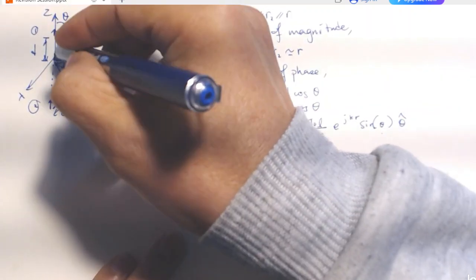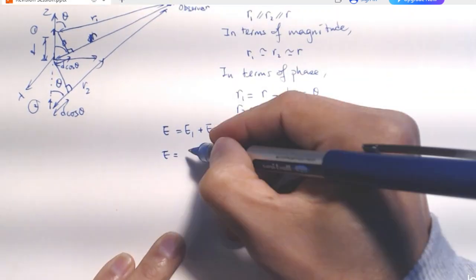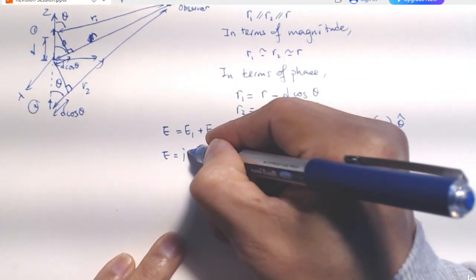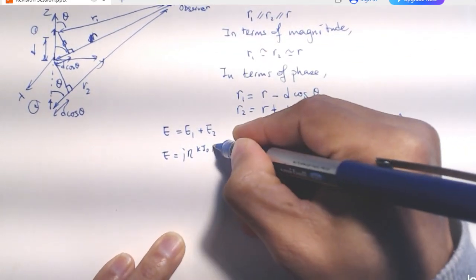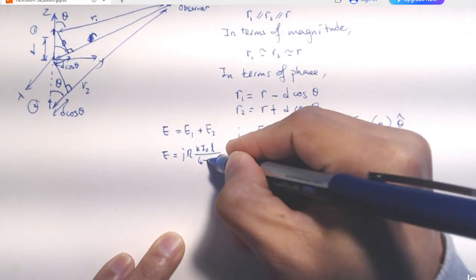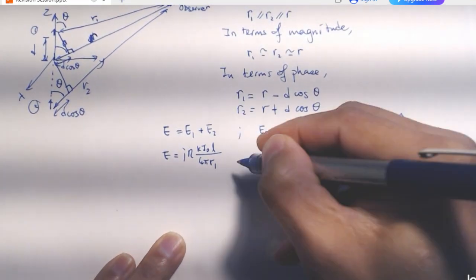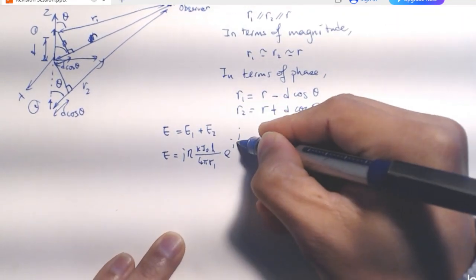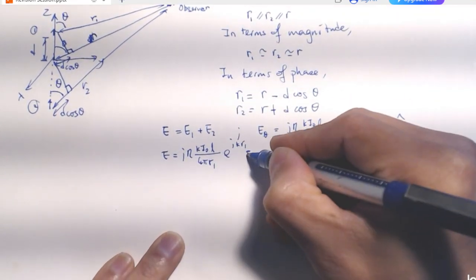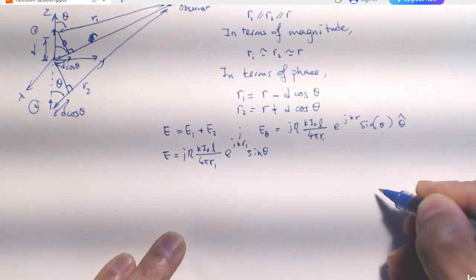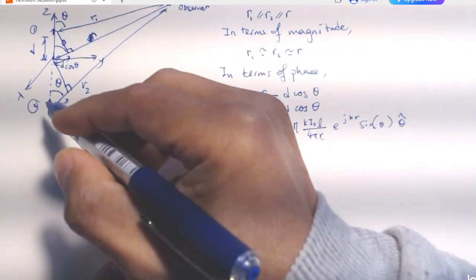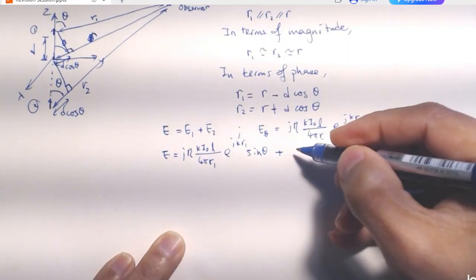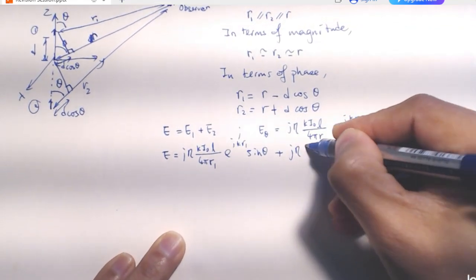In this case, E1 will be equal to I0 L over 4 pi R1, times e^(-jkR1), times sine theta. And the electric field as a result of the image antenna is going to be similar.